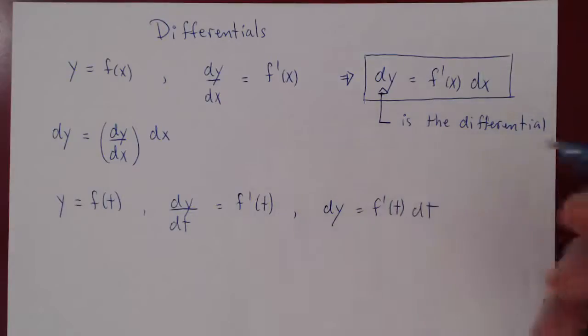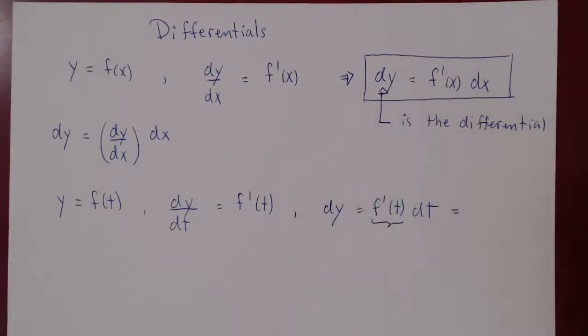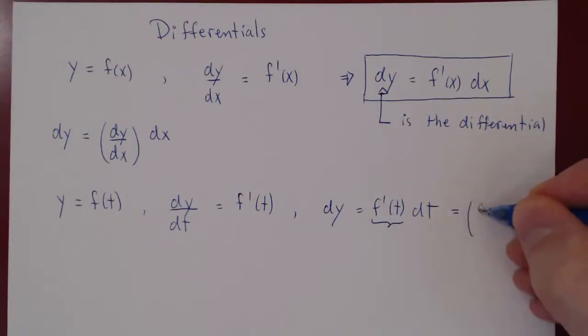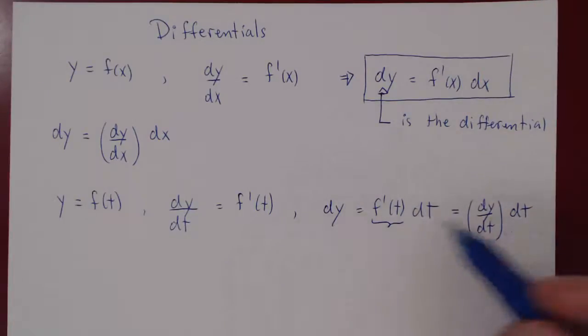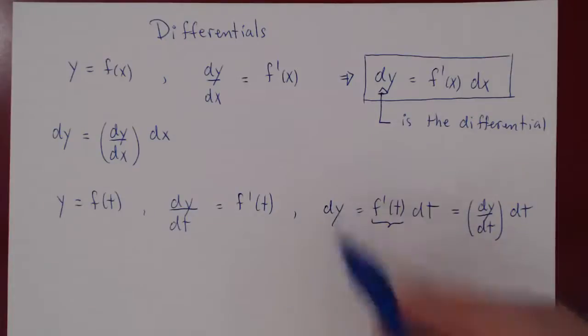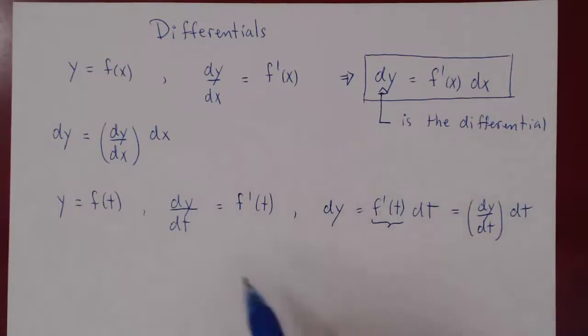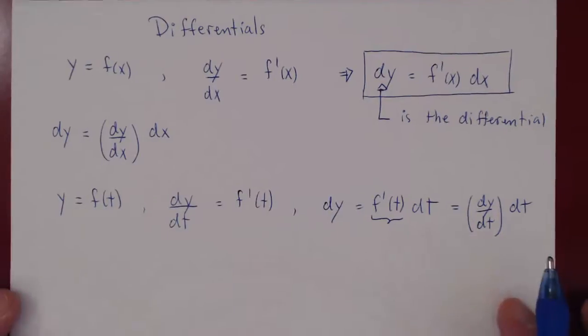Of course, if you wanted, you could say this is the same as dy over dt times dt. And once again, this is clear if you just think of it as change in y over change in t times change in t. If you cancel, you're left with the change in y. And this would go the same if you had a function of u, v, z, or any other variable.